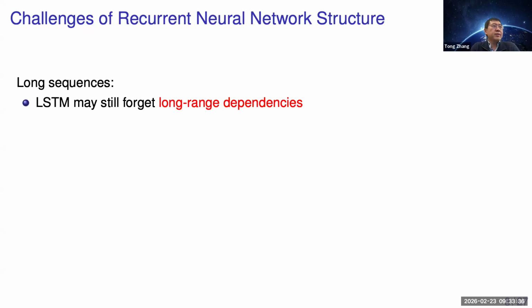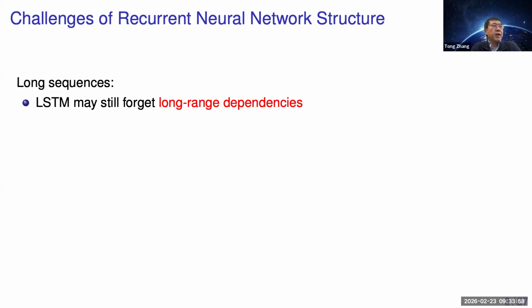We know that an RNN can forget long-range dependencies, because it uses a compressed latent state, h, to compress the history, and everything depends on this compressed history.